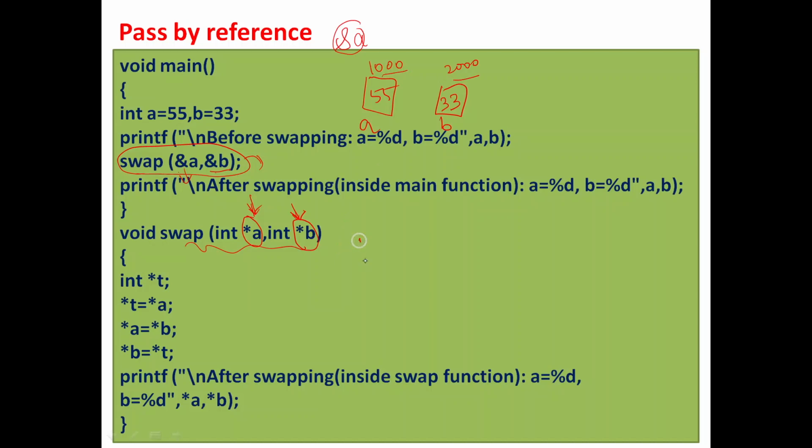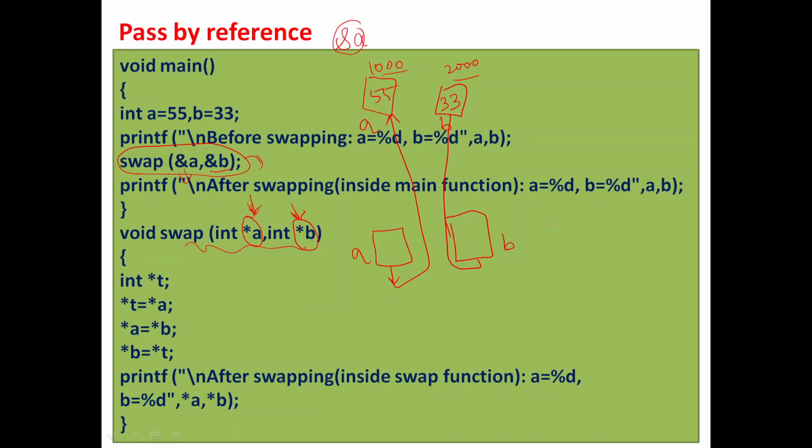Now our pointer a is pointing to the address of variable A, and our pointer b is pointing to variable B in the calling function.